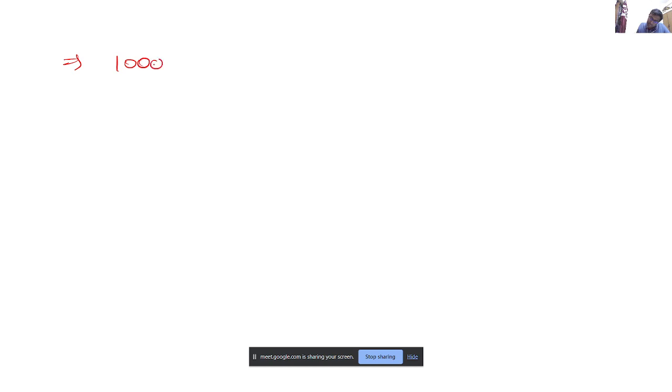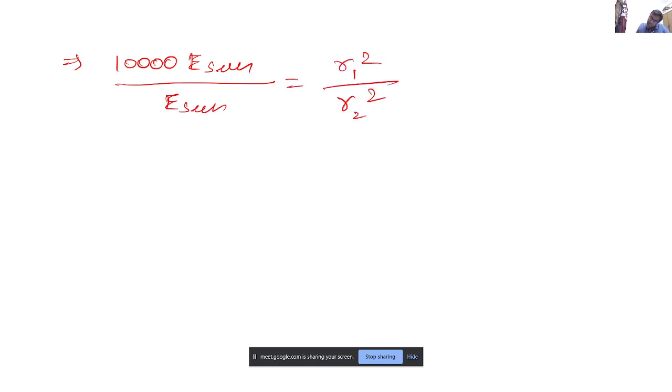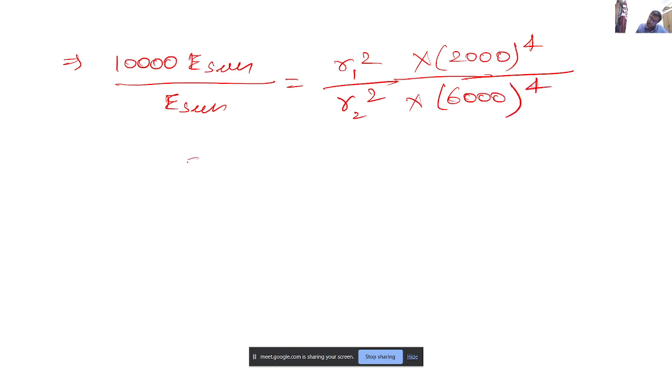This implies 10,000 times E sun, which was E star, by E sun is equal to R1 square by R2 square times T1 power 4 by T2 power 4, of the star to that of the sun. So finally we get R1 by R2 to be nearly equal to 900.